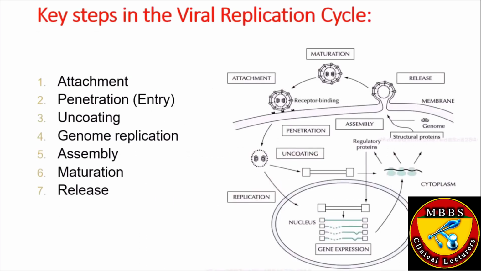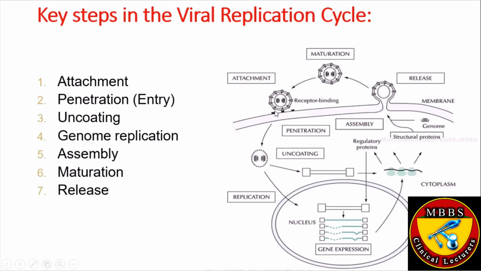Now, these are the key steps in the viral reproduction. So, we have attachment, the entry or the penetration, uncoating, genome replication, assembly, maturation, release. So a sketch diagram is given in front of this. You can see here, this is a cell membrane, this is a virus.